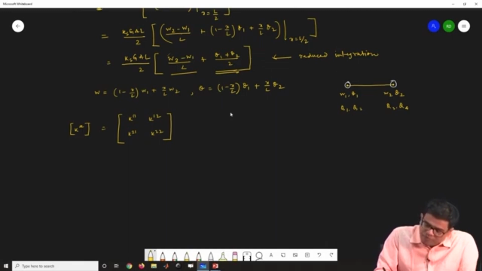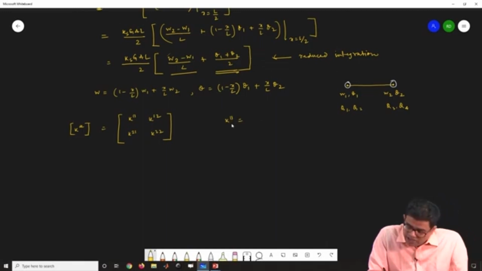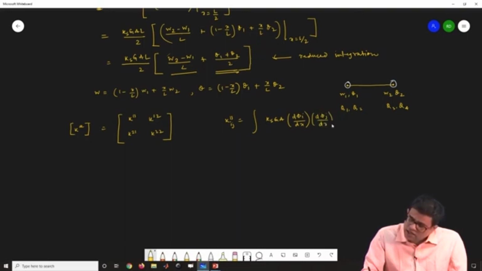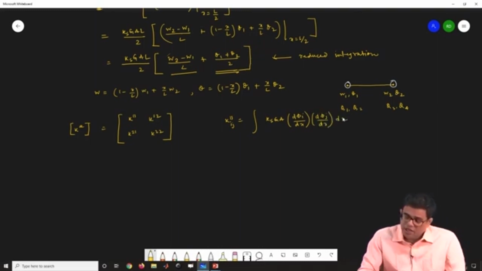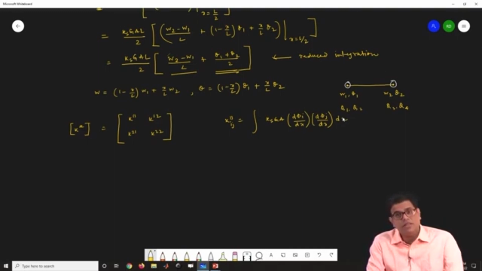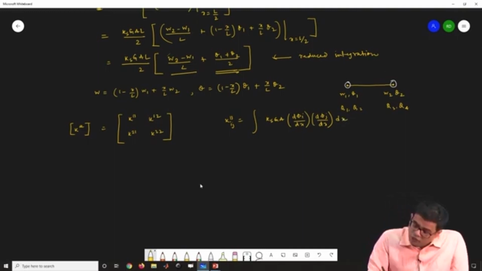So now K11 ij is essentially Ks G A, integral of d phi i dx, d phi j dx. So this is the same. This is the K11 term.